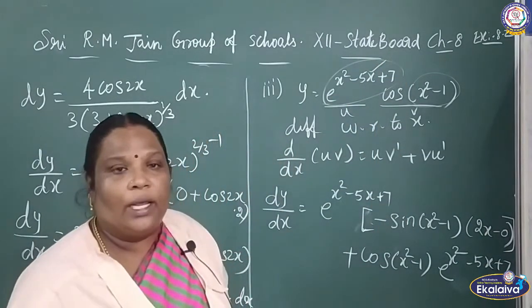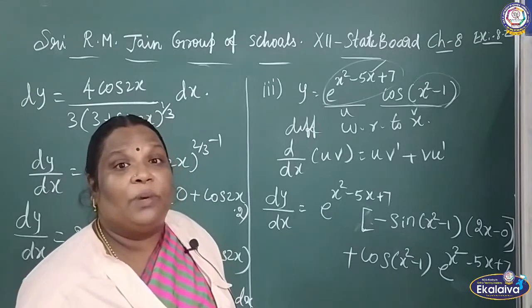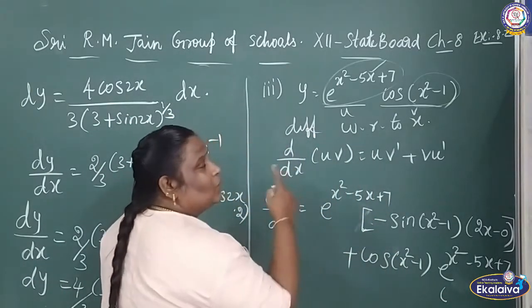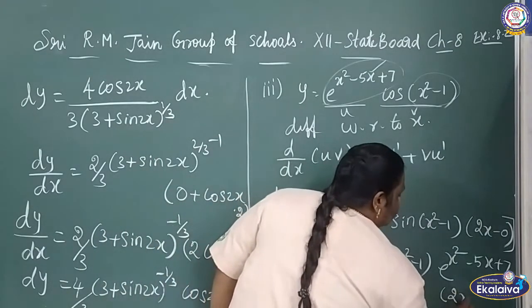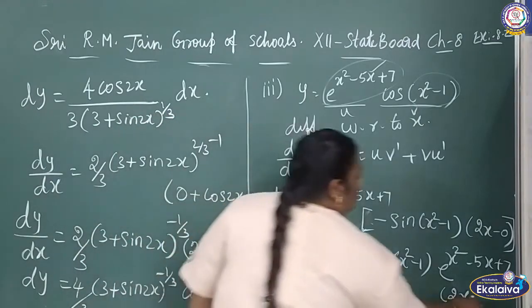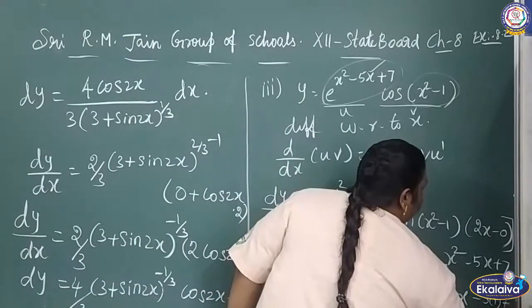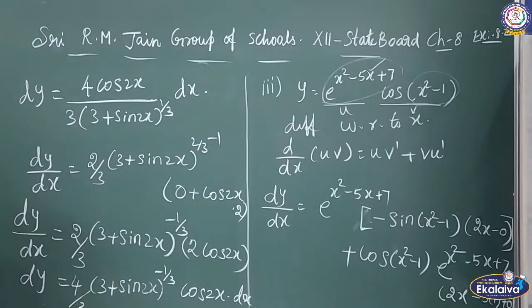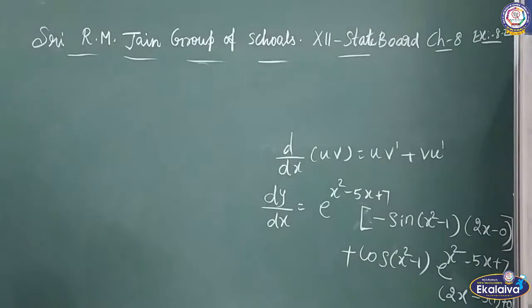What is the second one? x square minus 5x plus 7. The differentiation of x square minus 5x plus 7 is 2x minus 5 into 1 plus 0.